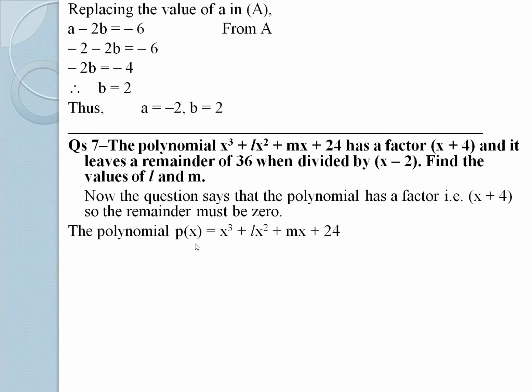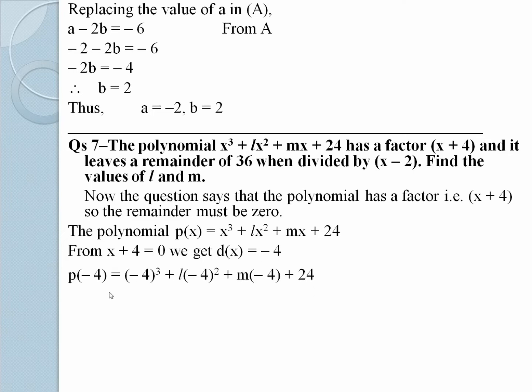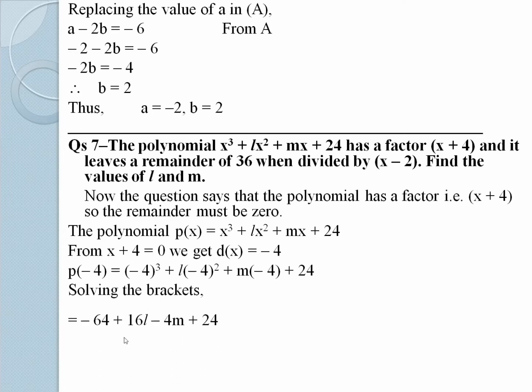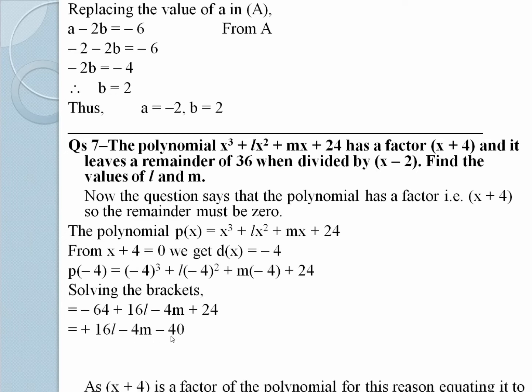The polynomial p of x equal x cube plus lx square plus mx plus 24. From x plus 4 equal to 0, we get x equal minus 4. P of minus 4 equal minus 4 whole cube plus l into minus 4 square plus m into minus 4 plus 24. Solving the brackets: minus 64 plus 16l minus 4m plus 24, 16l minus 4m minus 40.